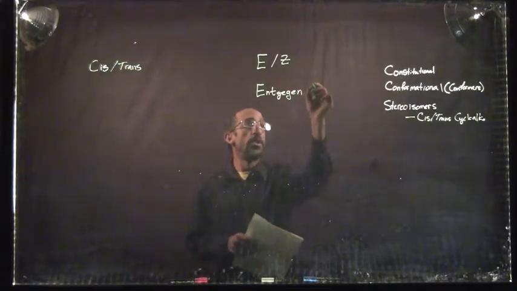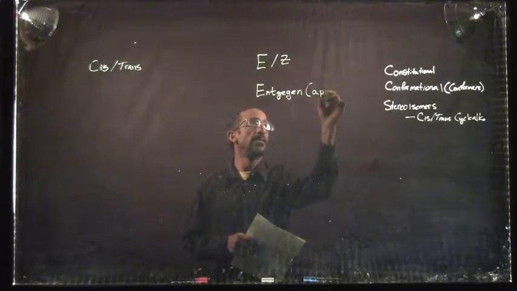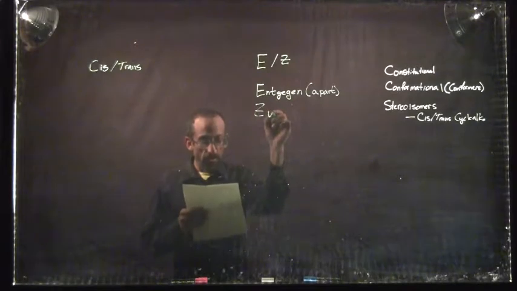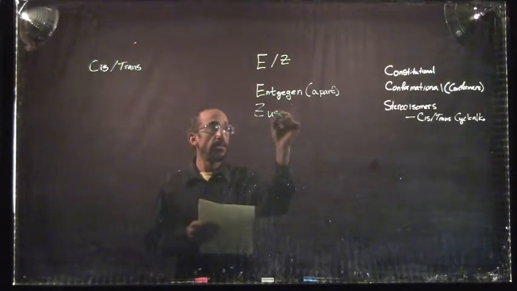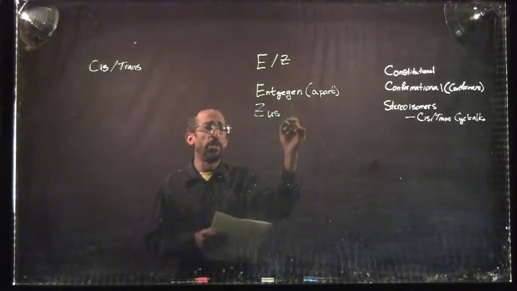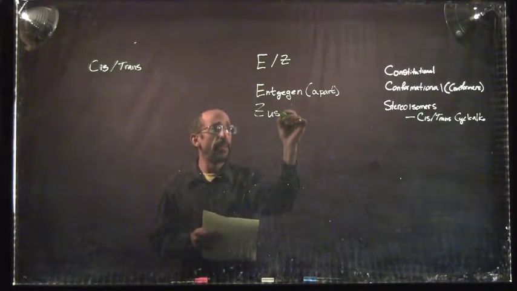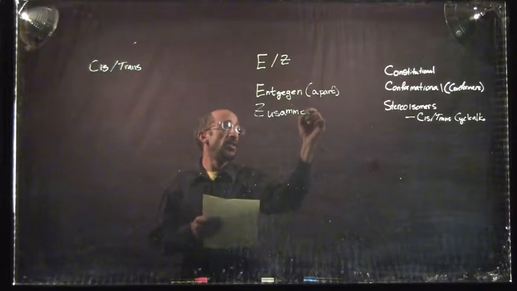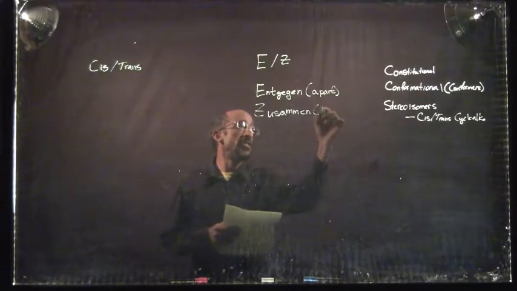Which comes from the word apart, and Z comes from zusammen, and for those of you who speak German, I'm sorry if my pronunciation is off there. Zusammen, which means together.